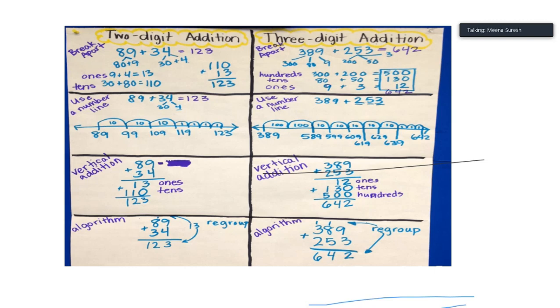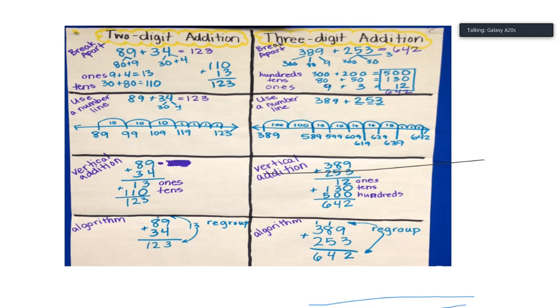Yes, ma'am. Then in the next step, you can see, he is writing 9 plus 4, 13, like you write for 2-digit multiplication. He's not writing the 1 on top. He's writing the 13 of 9 plus 4, 3 in the ones place and 1 in the tens place.